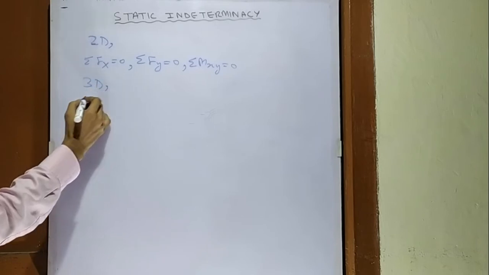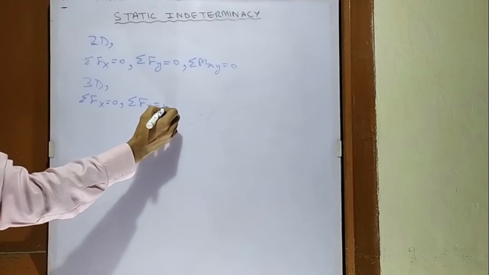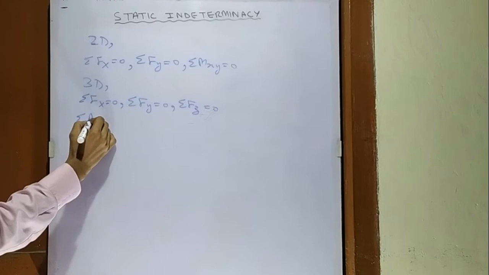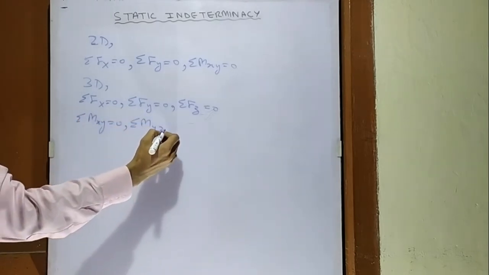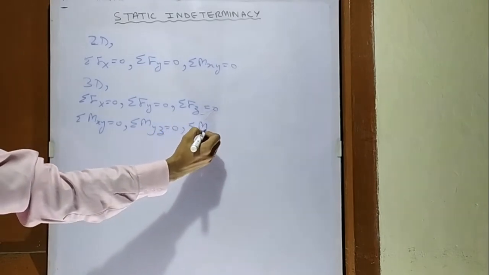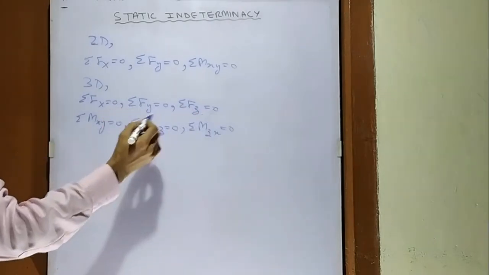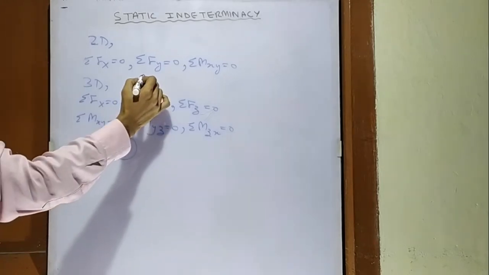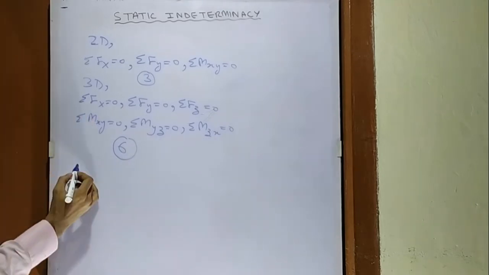And for a 3D structure we have sigma Fx is equal to 0, sigma Fy is equal to 0, sigma Fz is equal to 0, and we also have sigma Mxy is equal to 0, sigma Myz is equal to 0, sigma Mzx is equal to 0. So for a 3D structure we have 6 equations of equilibrium available, and for a 2D structure we have 3 equations of equilibrium available.